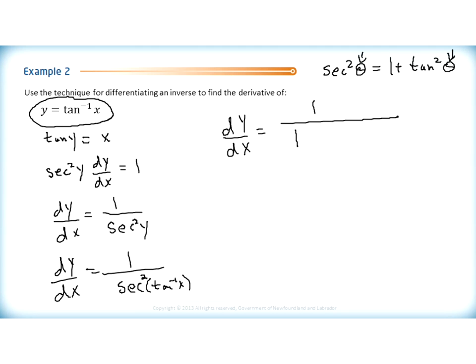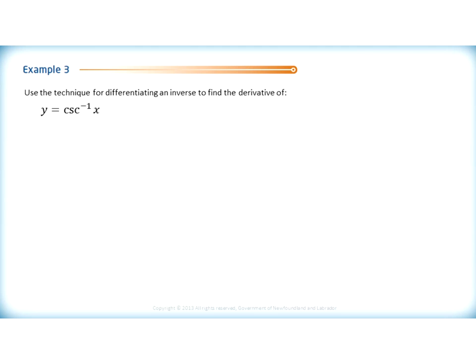So I'm going to say 1 over 1 plus tan of inverse tan of x, and I can put the square on the tan, or I can say that the whole thing is squared. That's an equivalent way to say it, and it makes it a little bit easier to see that we just get 1 over, and tan of tan inverse becomes just x, so it's 1 plus x squared. So there's our derivative. Okay, so that's a nice tidy one. Let's take a look at another.